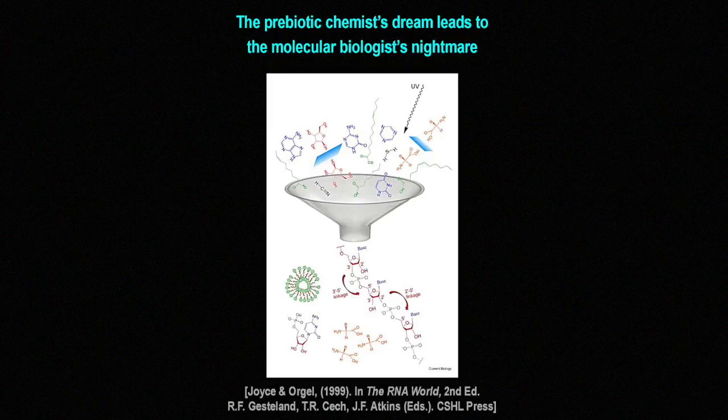But the point is that, as Jerry Joyce wrote, this dream for a prebiotic chemist, I mean, we can make a high number of compounds using conditions that could be operating on early Earth, becomes a biologist's nightmare. Because how all these possible monomers were selected to produce the biopolymers?